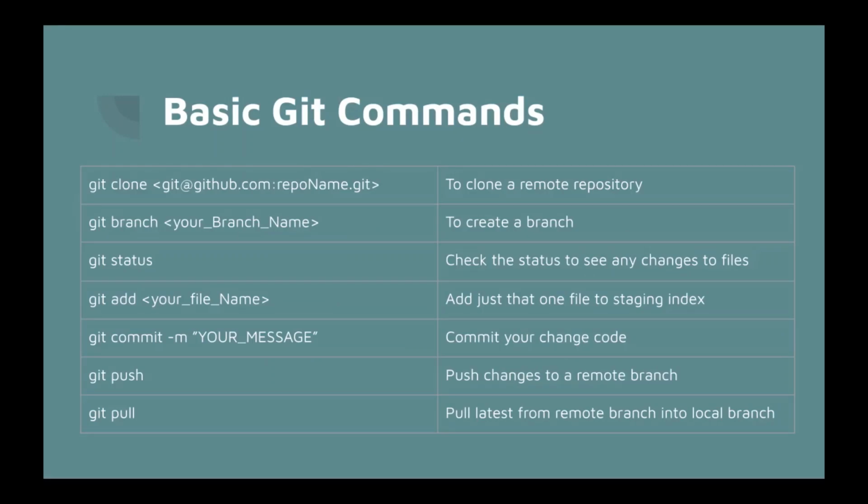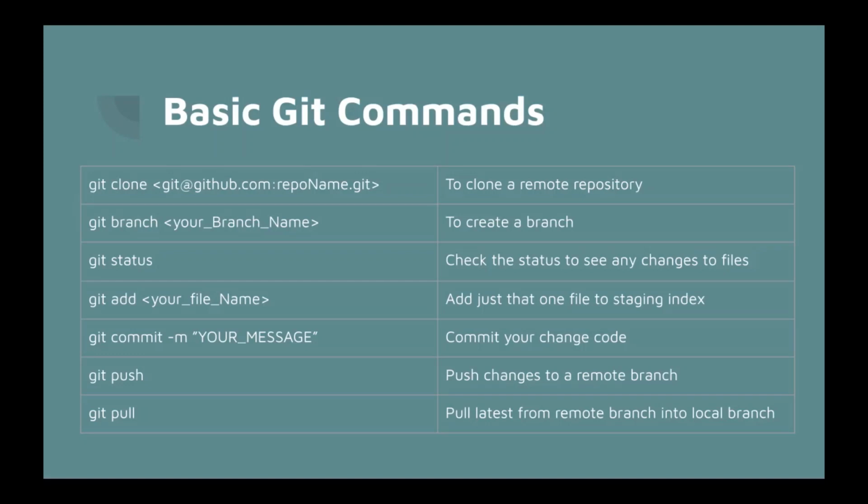So let's go through some basic Git commands. I have pointed out some of the basic commands that we use day to day, like cloning a remote repository, creating a branch, and checking the status to see if there are any changes to the files.